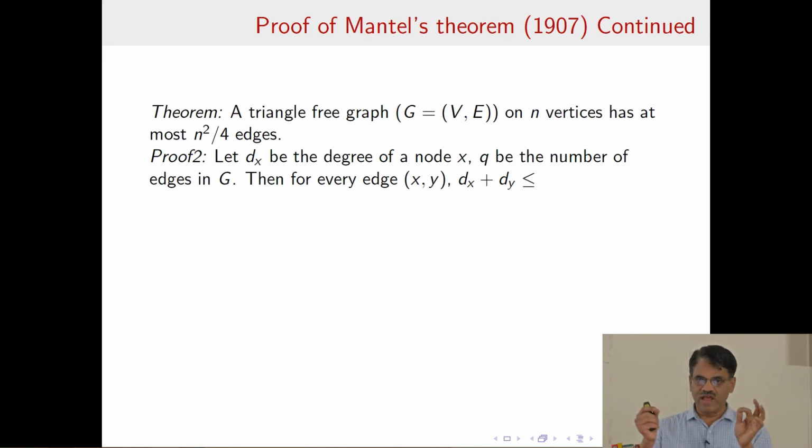So how many edges can go out of xy to the remaining? We already saw this. So totally there are n vertices. So n minus 2 edges can go out, plus you have to count this 2 degree, right? This is 1 degree, this is 1 degree. So totally n, right? Is that clear?